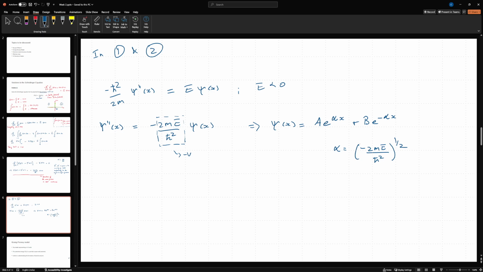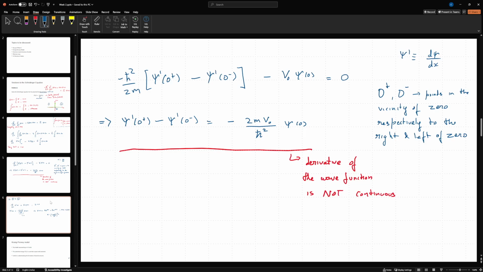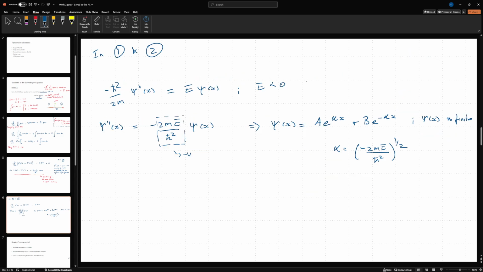And now we have to impose the condition that psi of x should be finite. That is not a condition we can violate. So if it is finite, then in region 1, which is for negative x values, the solution will imply A is not equal to 0 and B is equal to 0. And in the other region, A equal to 0 and B not equal to 0.